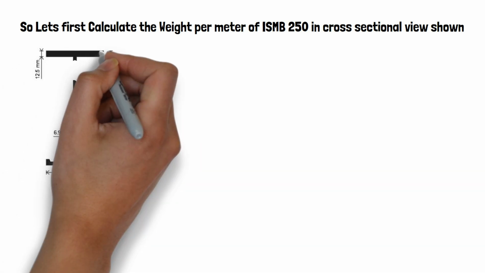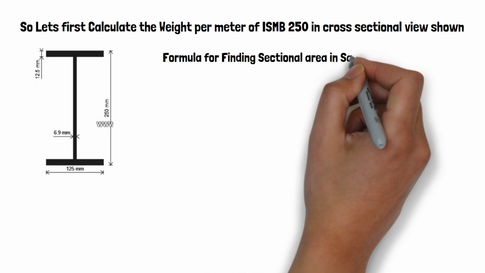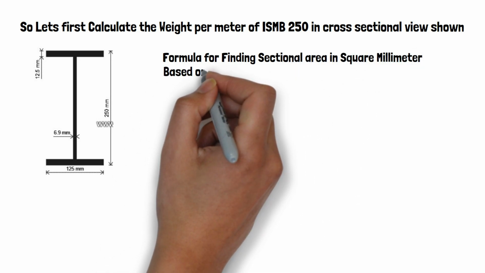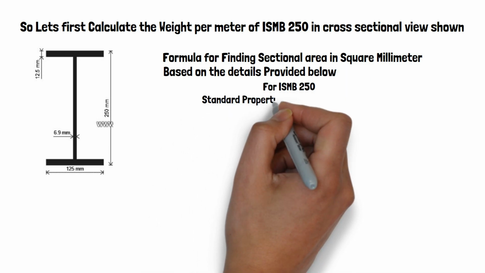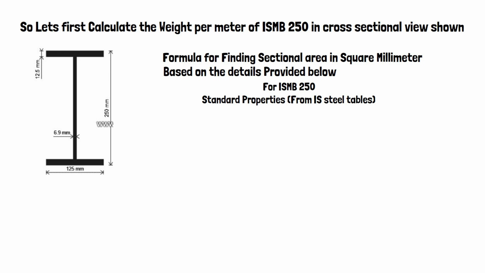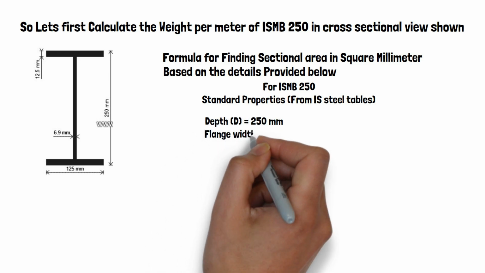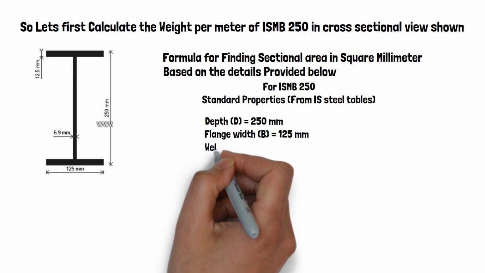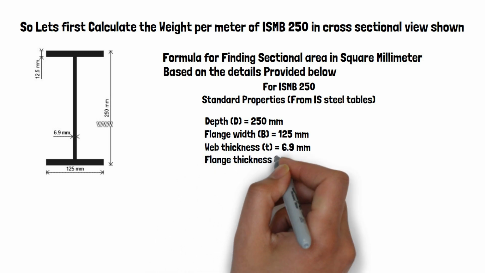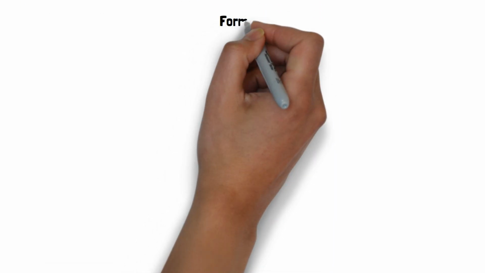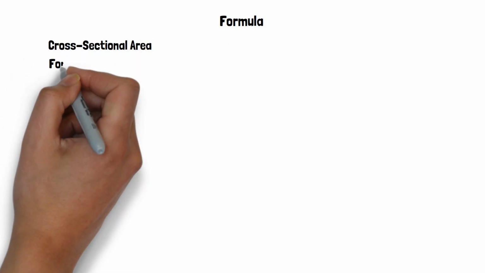So let's first calculate the weight per meter of ISMB 250 in cross-sectional view shown. Here are the ISMB 250 properties as per IS 808 along with cross-sectional image. Cross-sectional area calculation is done below. For ISMB sections.